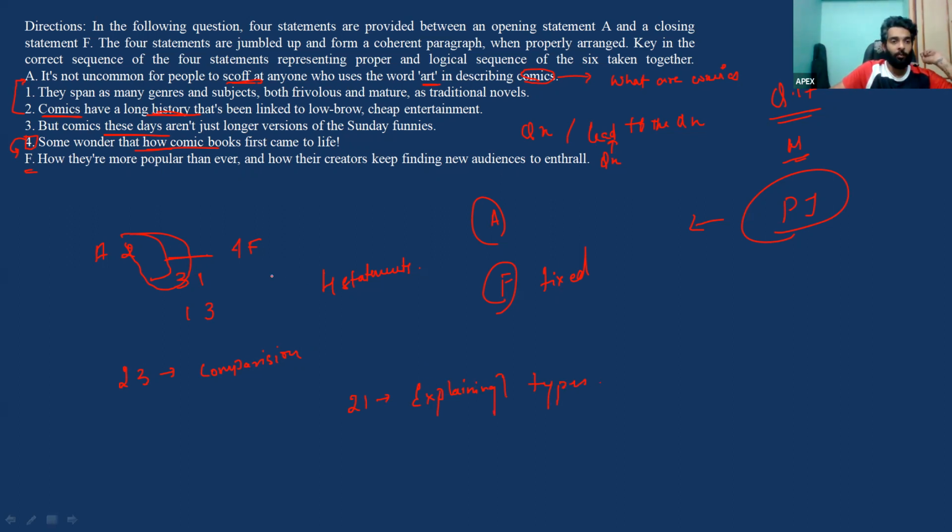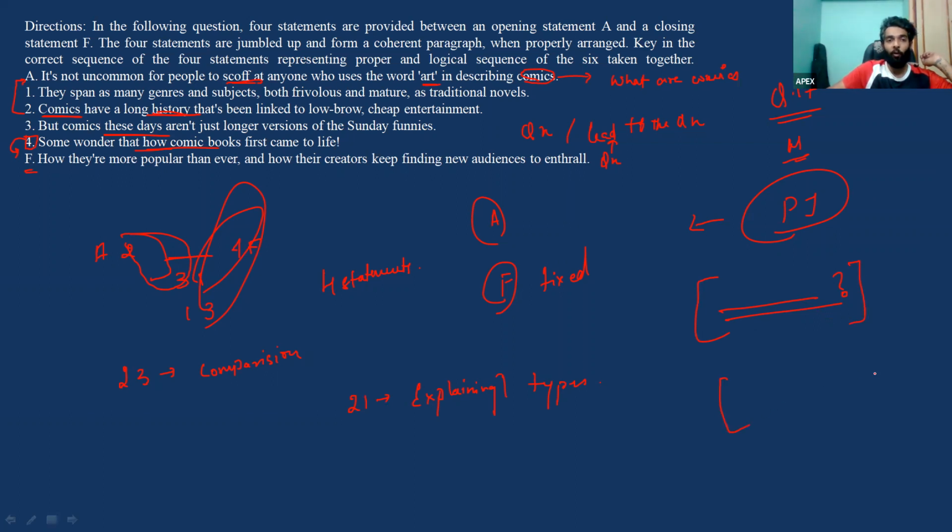Okay. Now, what about 4? What if I link 4 with 1 and what if I link 4 with 3? Let's look at that combination also. If I link 4 with 1, so there are so many different genres and all. Yes. And how did this come to life? So this could be a good conclusion.